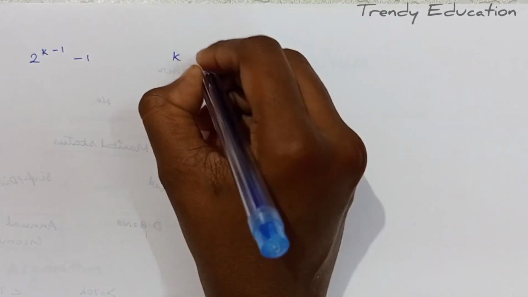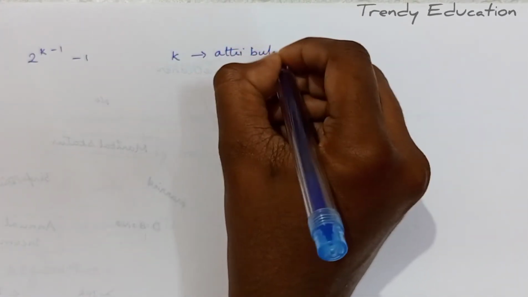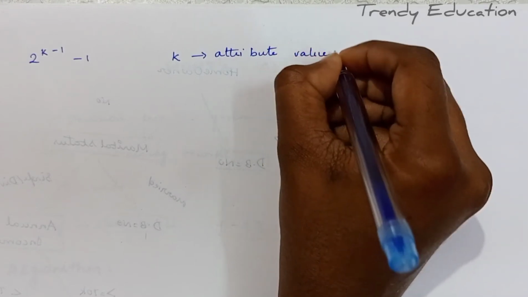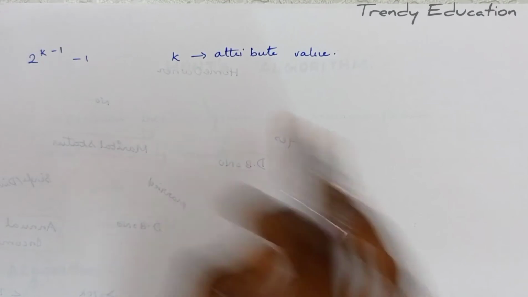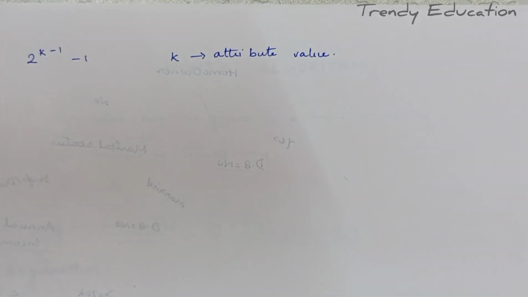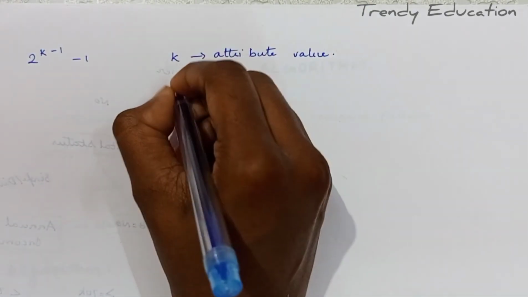Here the k represents the number of distinct attribute values. Here we have 3, as you can see, there are 3 values, so k is 3.